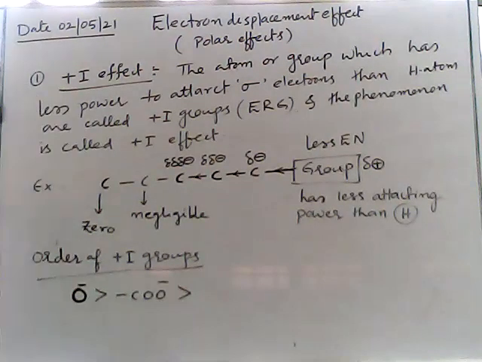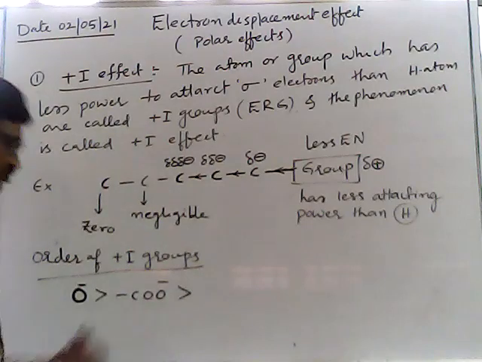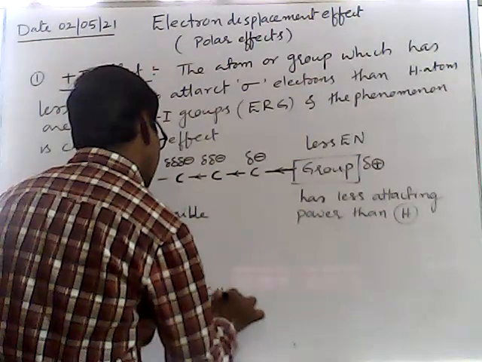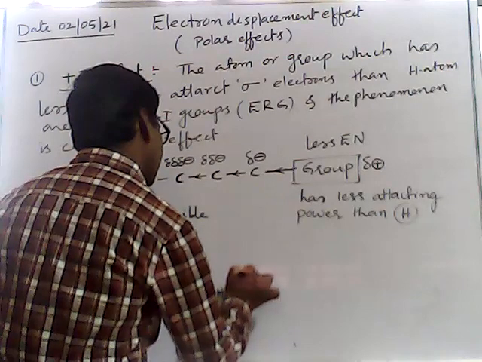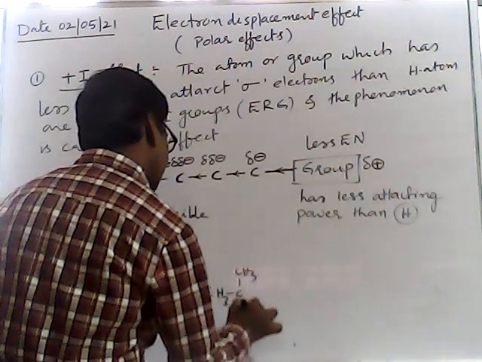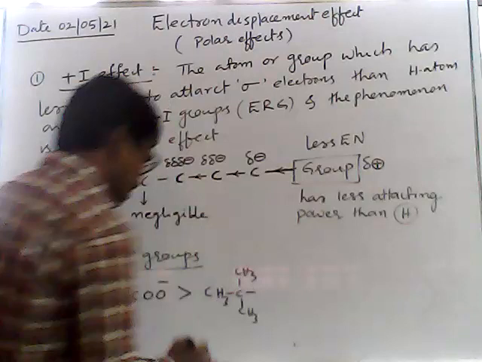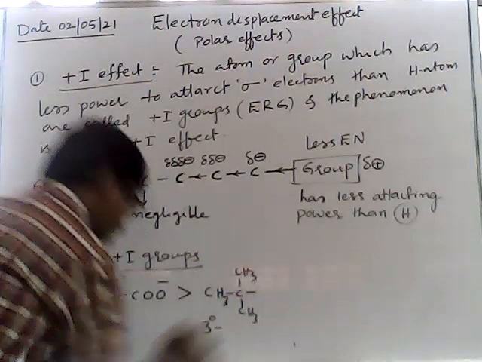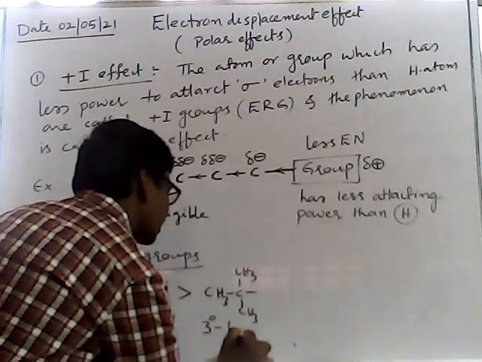Then it has more plus I inductive effect than tertiary. Tertiary means CH3, C, CH3, CH3 is the group. This is the tertiary butyl. Tertiary, 3 degree, tertiary butyl I am writing here.